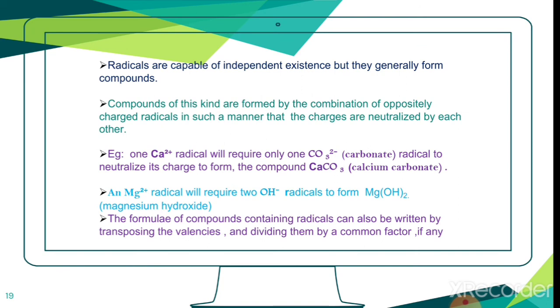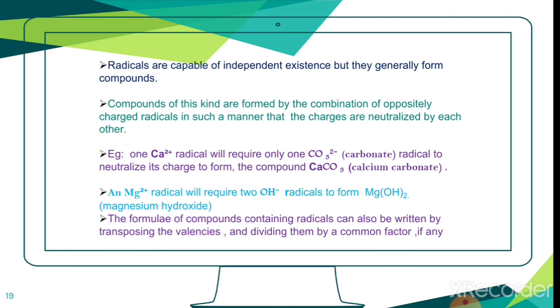Neutralize means to minimize their charge. Ca2 plus charge is there, and we require 2 minus charge for the neutralization. 2 plus charge and 2 minus charge combine to form 0. That means the 2 plus charge of Ca2 plus requires the 2 minus charge of CO3 to neutralize, and the compound is CaCO3.